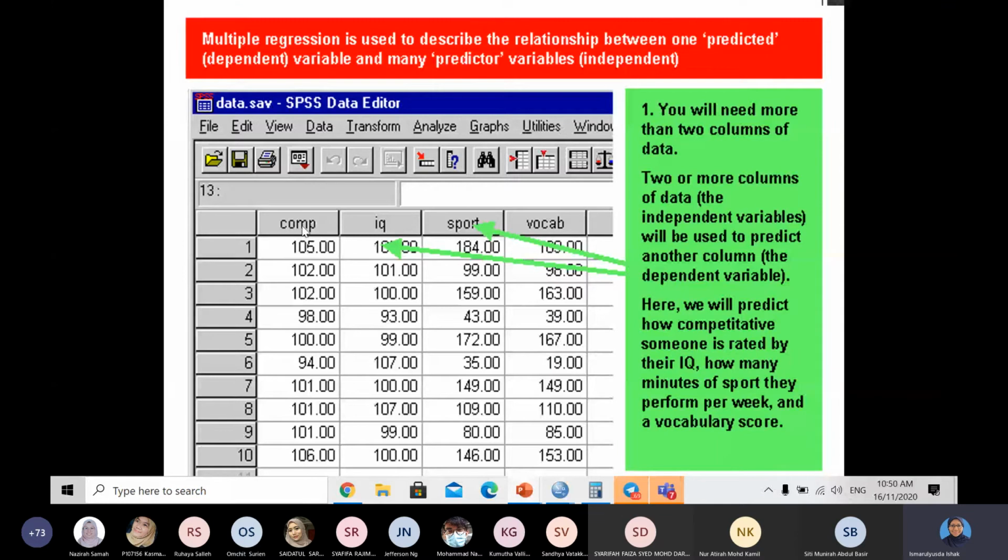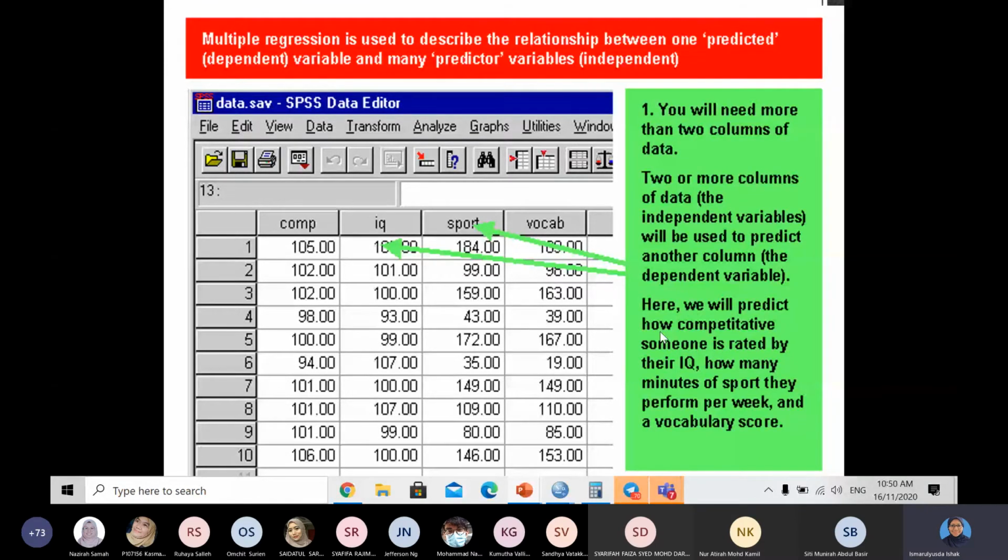Oh, very old version. I don't know if it is 14 or 16. Okay, this is the competitiveness of the respondents, this is their IQ, this is the sports knowledge and this is the vocabulary. So what you need is more than 2 columns of data: 1 dependent and 2 or 3 independent variables.